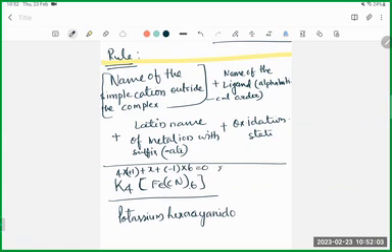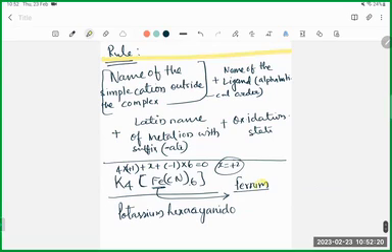Oxidation state. What is the oxidation state? +2, right? Now the central metal atom's Latin name is ferrum. You know, right? We remove the -um from this and add ATE. So the name becomes ferrate.